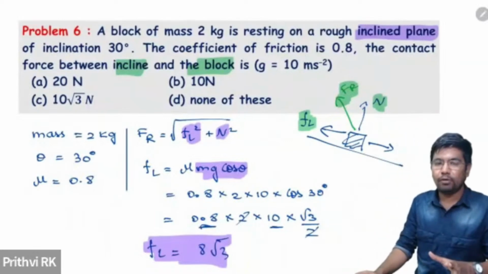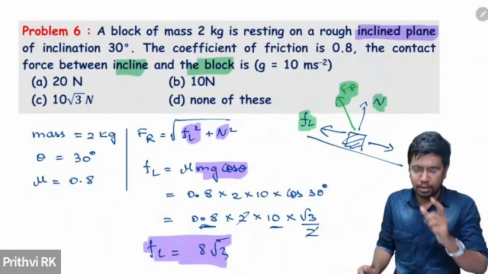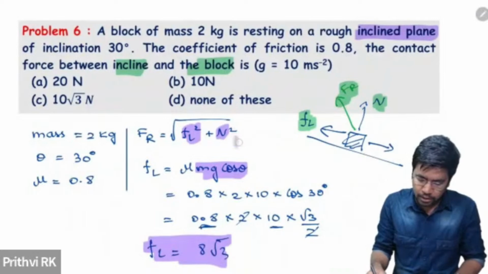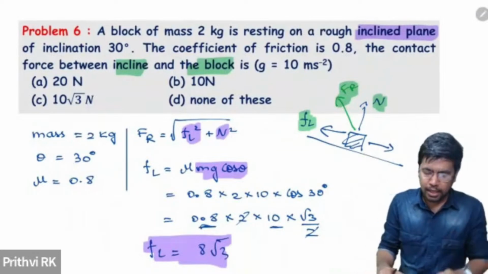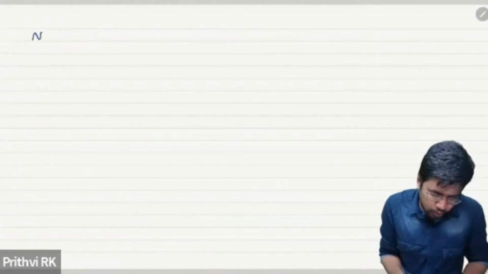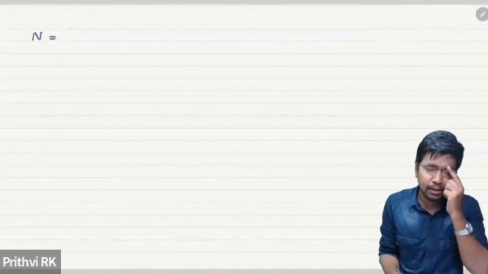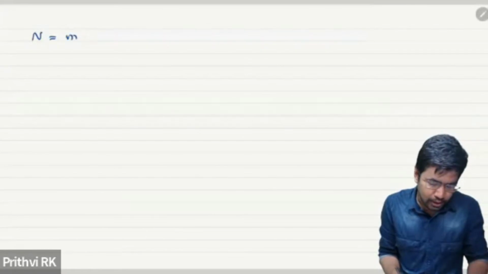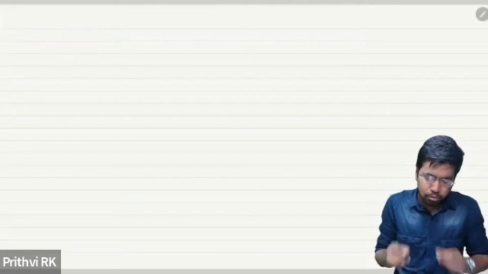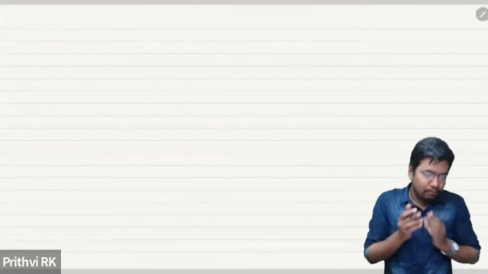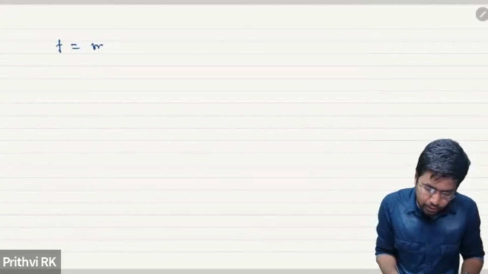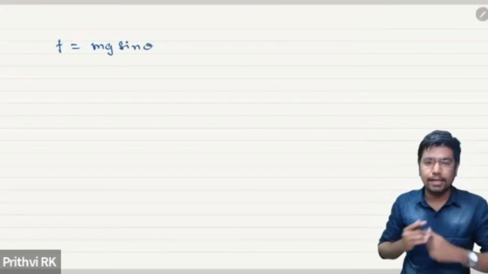Okay. So now see, we have calculated the formula for friction. The another one is normal. We have to find the value for what? Normal. So the value of normal, I will find it in a new page, right? So if we want to find the value of normal, then it will be equal to mg sine theta, right?